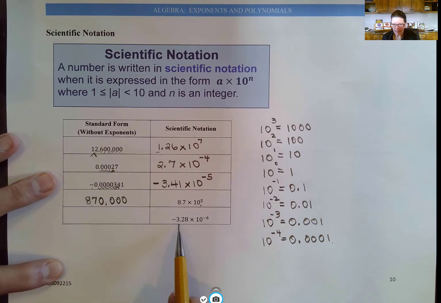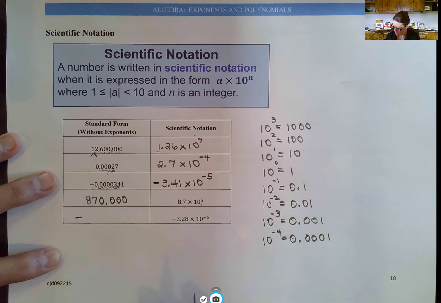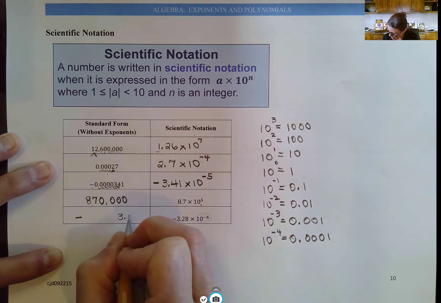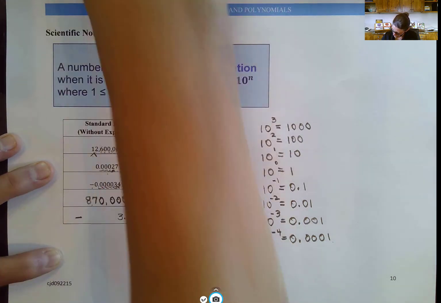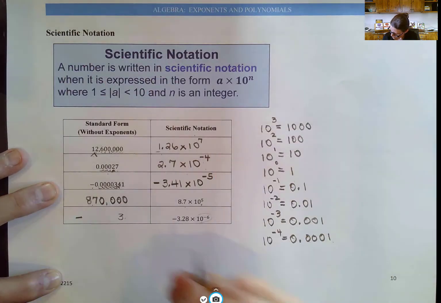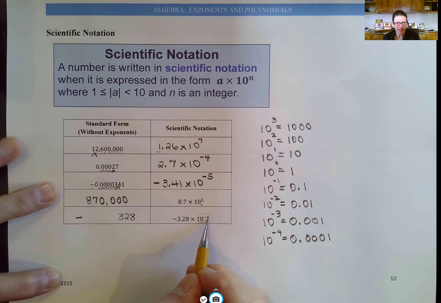Lastly, we've got a negative number, negative 3.28 times 10 to the negative 6th power. So we know over here it's going to be a negative number as well. It's going to be a very small number in absolute value. So we move that decimal point 6 places to the left.